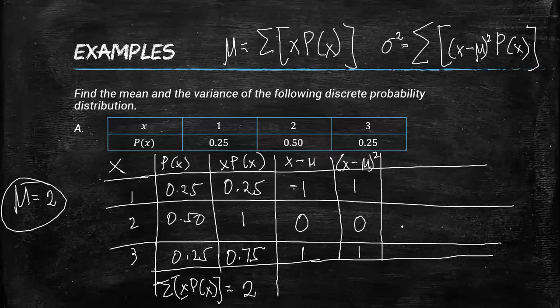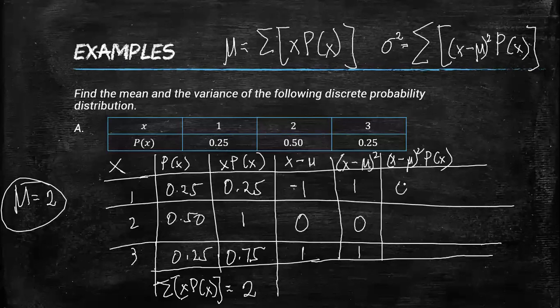Positive times positive is positive rin. Okay? So, yun siya. Ngayon, meron na tayong x minus mu squared. I-multiply natin yung probability. X minus mu squared times p of x. Dito natin kukunin yung p of x. Dito na natin kukunin yung x minus mu squared. Okay? 1 times 0.25, ilan?